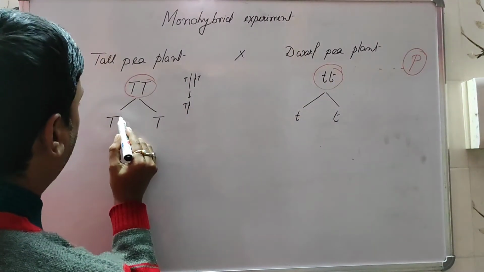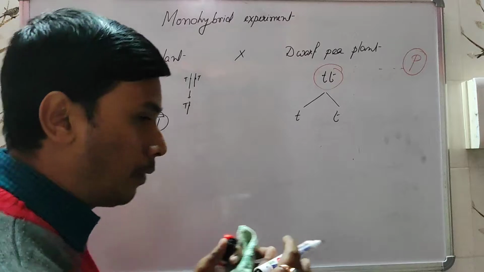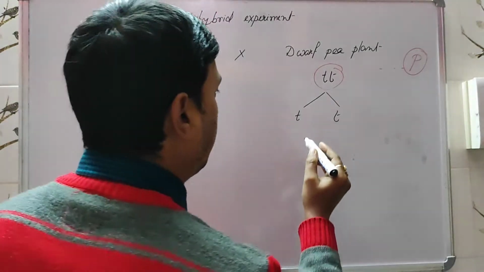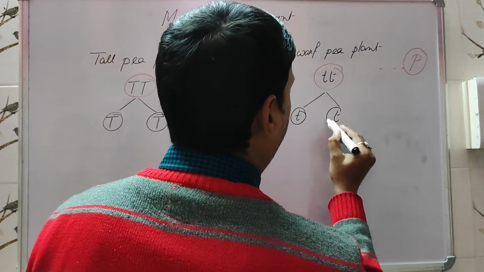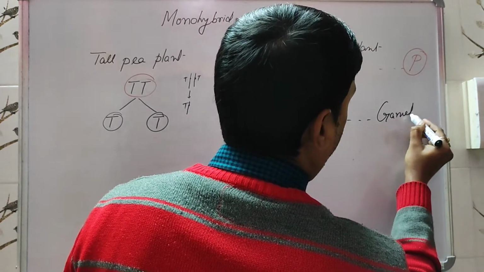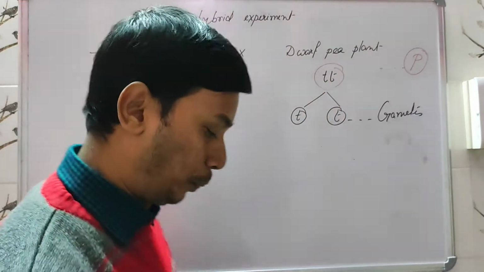That's why I have written capital T here, and I have segregated that capital T. In the same way, I have segregated small t and small t. So these indicate the gametes.